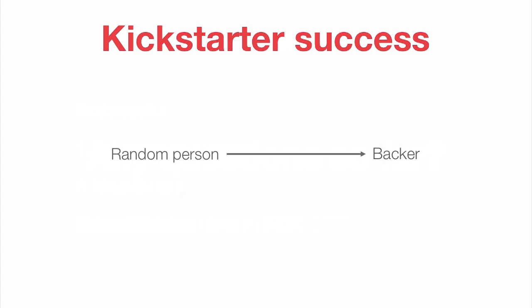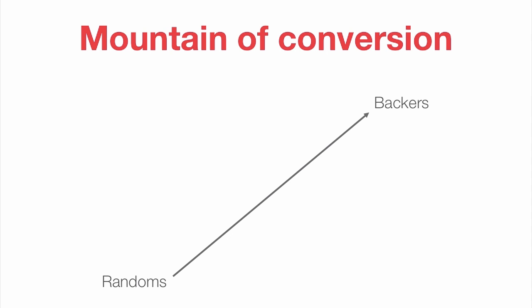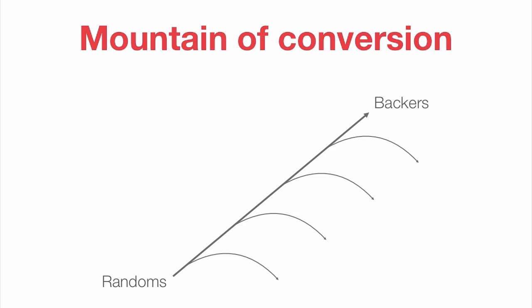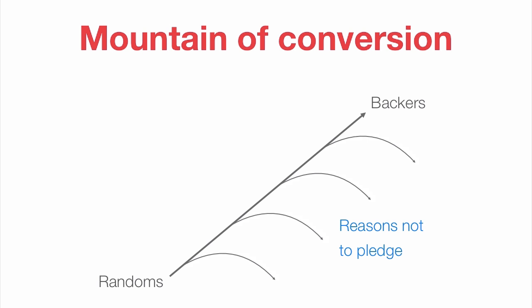It's always useful to envisage success, and on Kickstarter that means converting a random person into a backer, and actually converting random people into backers, as many of those as possible. The way we thought about it, and I think it's a useful mental model to keep in mind, is about converting people. This mountain representation is a bit contrived, but it shows that there's a bunch of reasons for people not to pledge to a project, even if they find it interesting.